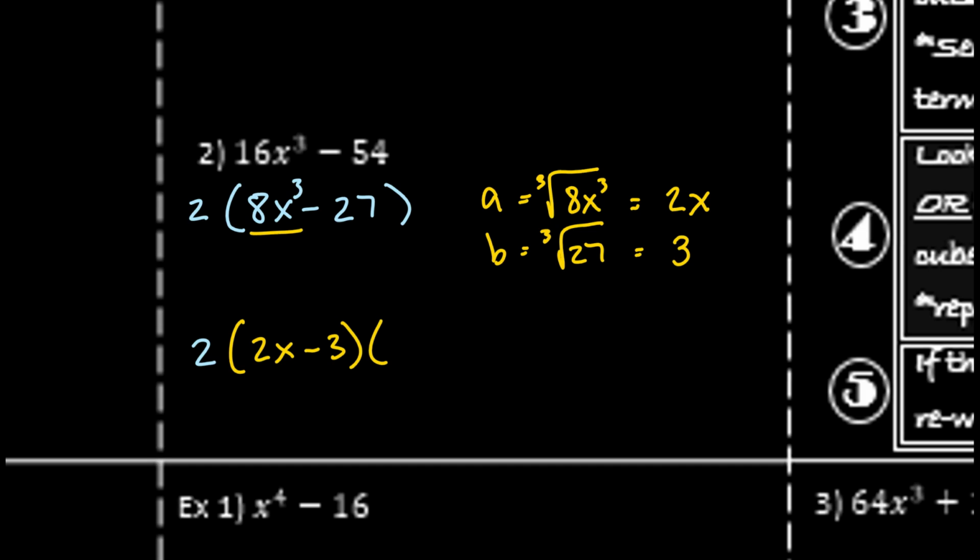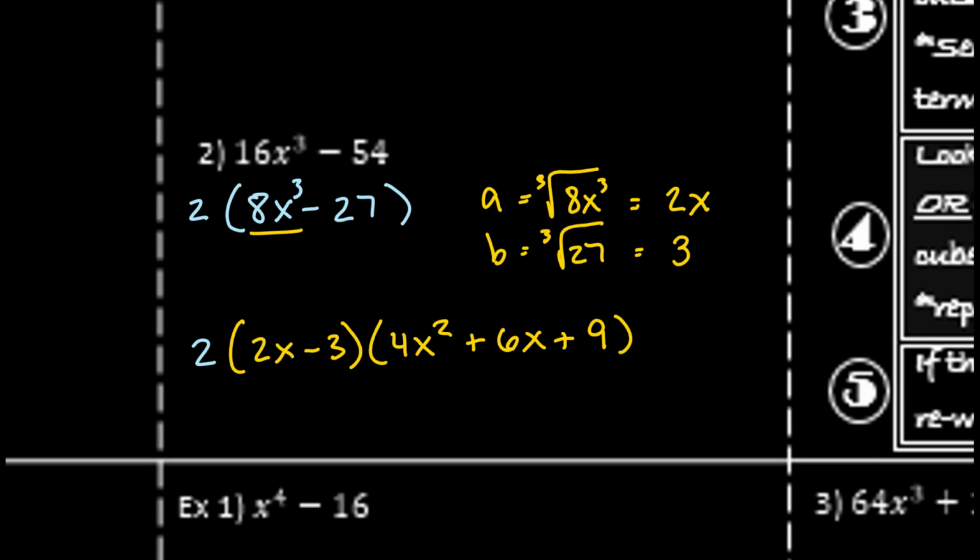Yes, you need to remember to also square the number. 4x squared. Plus A times B, what is 2x times 3? 6x. Plus B squared, what is 3 squared?